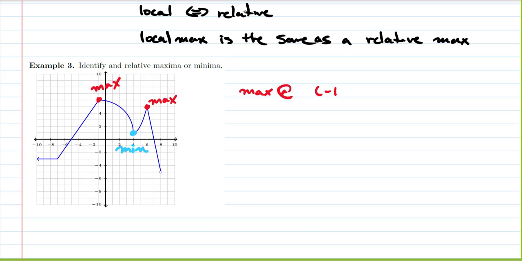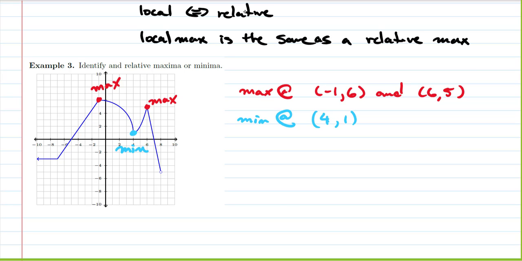So our graph has a local or a relative max at the points. So our first ordered pair is -1 and 6. And our second one is at 6 and 5. We have our min is located at the point 4 and 1.